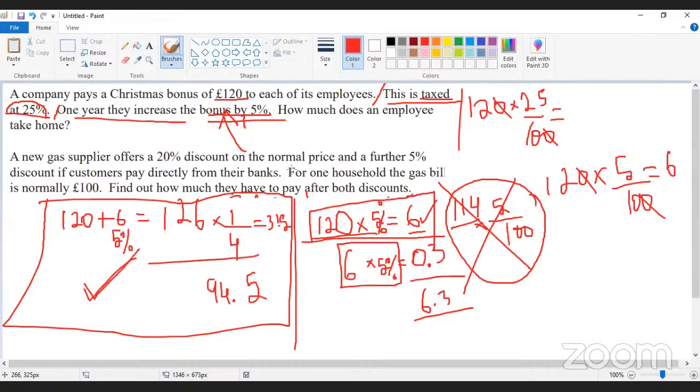So here also bonus, here also this has been taxed at 25%. One year they increase the bonus by 5%. So we are increasing it by 5% and then we are getting into the tax, that is 25%, that is 1 by 4. So the remaining is 3 by 4, so that we get 94.5. Are you clear with that?